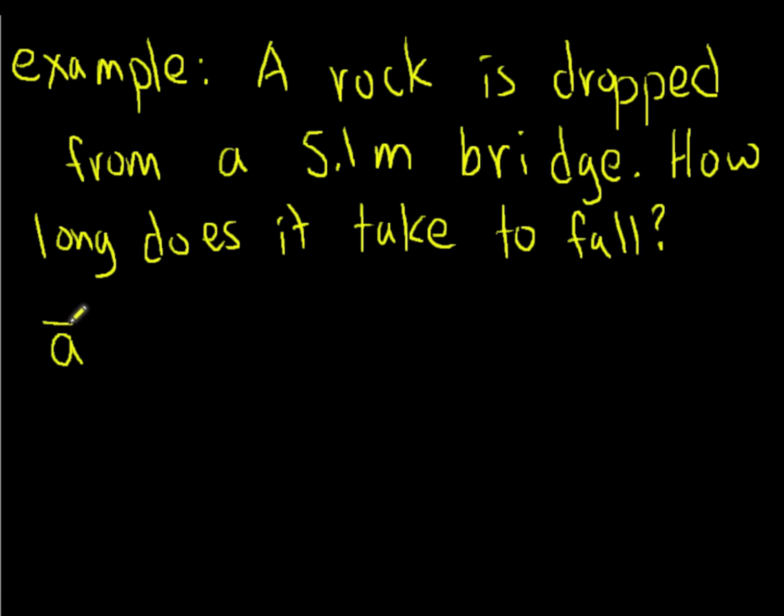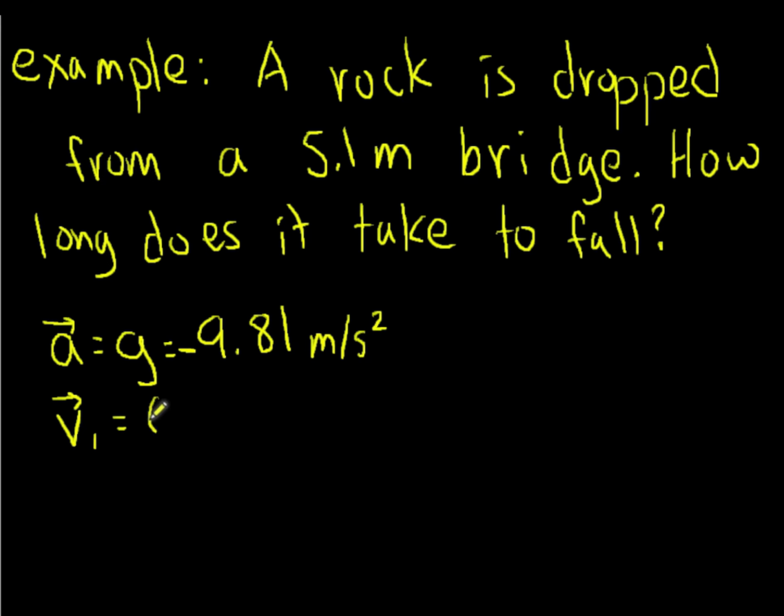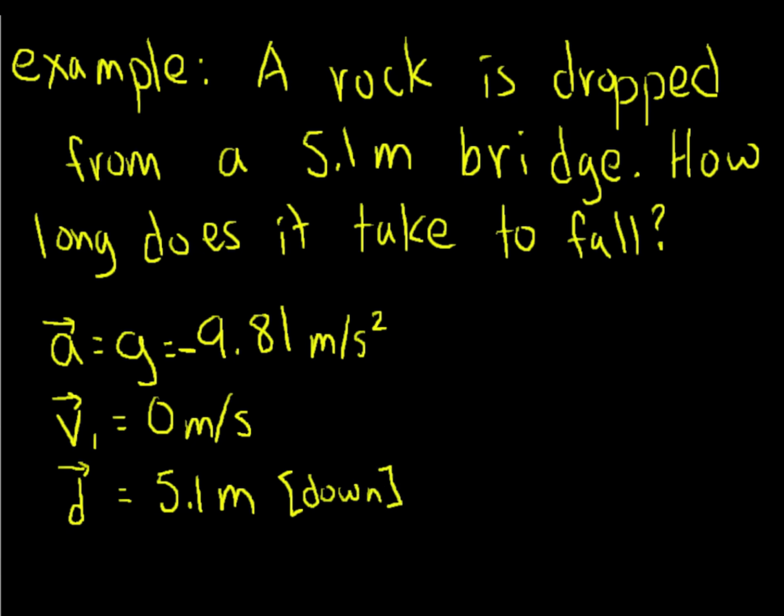Well, to start with, our acceleration is g, which is negative 9.81 because it's down, meters per second squared. Vi is 0 meters per second. The displacement is 5.1 meters, and it falls down. We have to be really careful to notice that this direction is actually down. It goes from a higher location to a lower one.